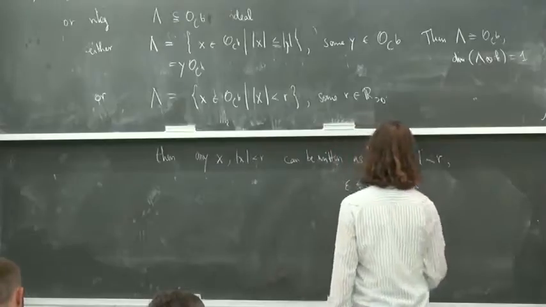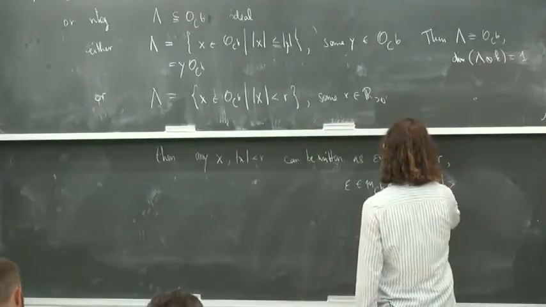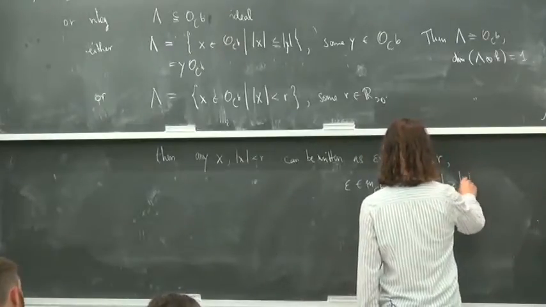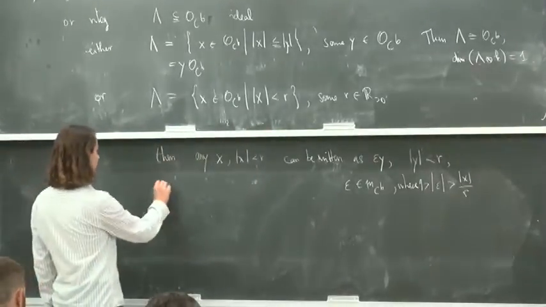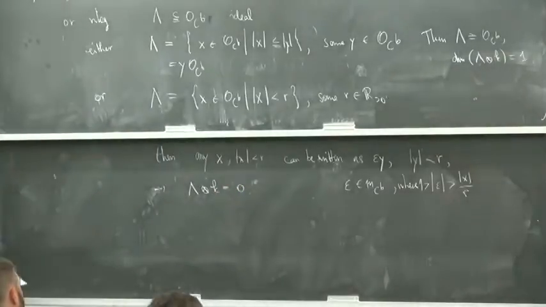Because this is not discretely valued, we can choose the absolute value of epsilon to be less than 1, but strictly larger than |x| over r. And so this implies that lambda tensor k is 0. Okay.